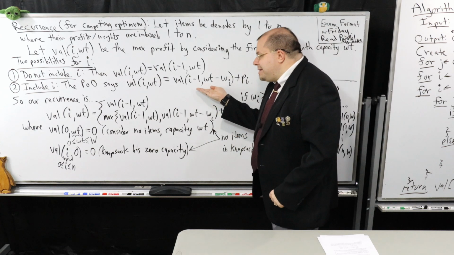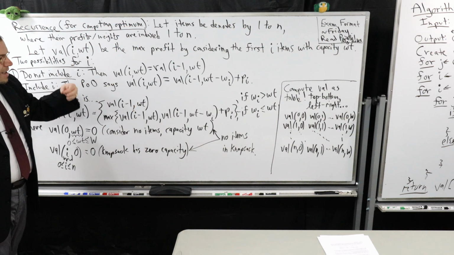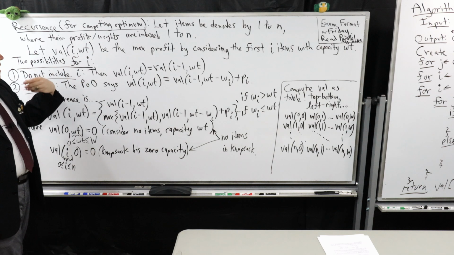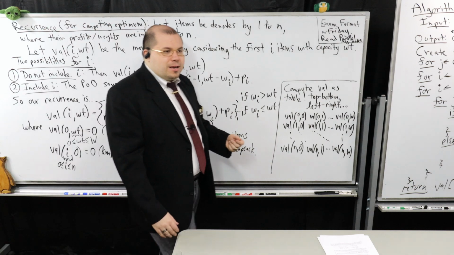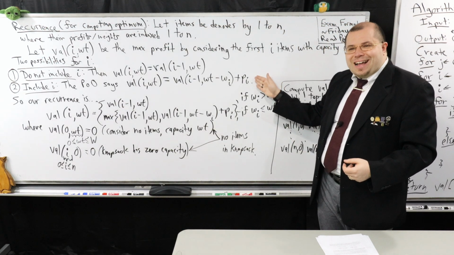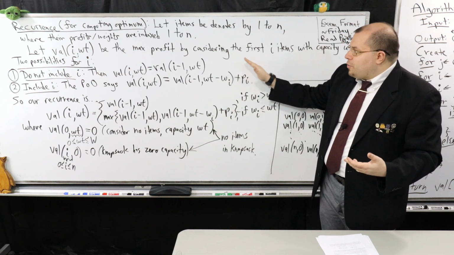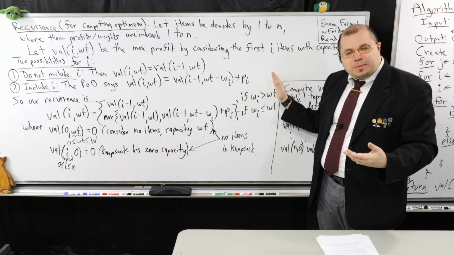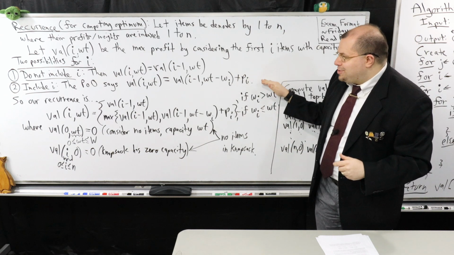When I did this, I considered a sub-instance where the knapsack capacity was decreased by that given item's weight, meaning that I have less space for more items in my knapsack. Then I just introduce the item that I'm going to include. So you have two possibilities here, and this falls out of the principle of optimality. Are there any questions about where these two came from, just before I proceed?